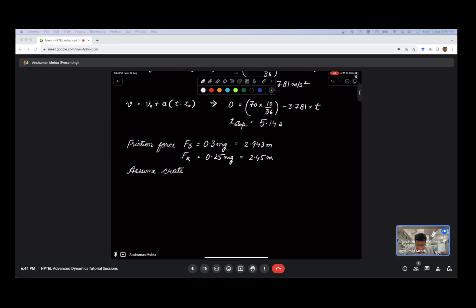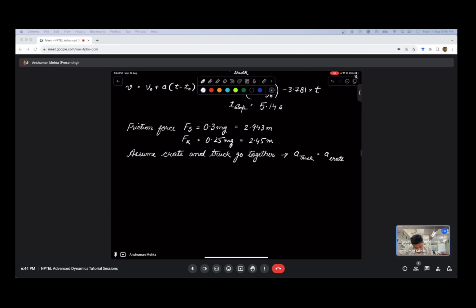Let's say we are assuming that the crate and truck are going side by side. That is, a of truck is equal to a of crate for some part.